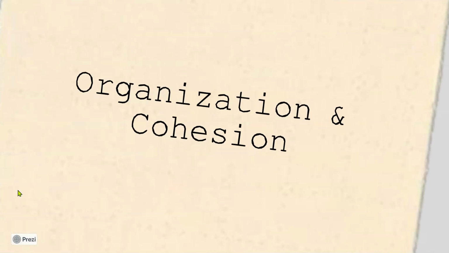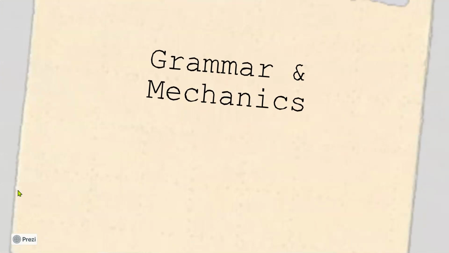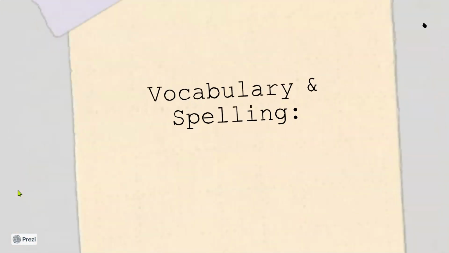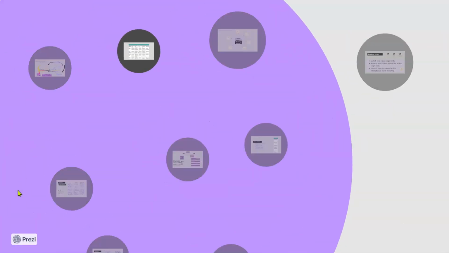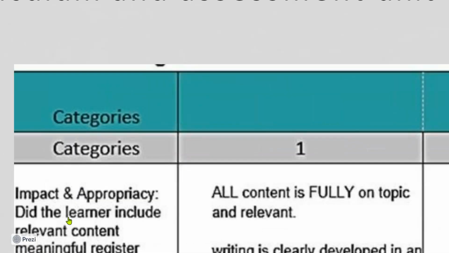Organisation and cohesion, grammar and mechanics, and vocabulary and spelling. We're going to look at all of those in a little more detail in just a moment. Here is the rubric. You can see the categories listed on the left: impact and appropriacy, task achievement, organisation and cohesion, grammar and mechanics, vocabulary and spelling, and also across are the grades or the bands.